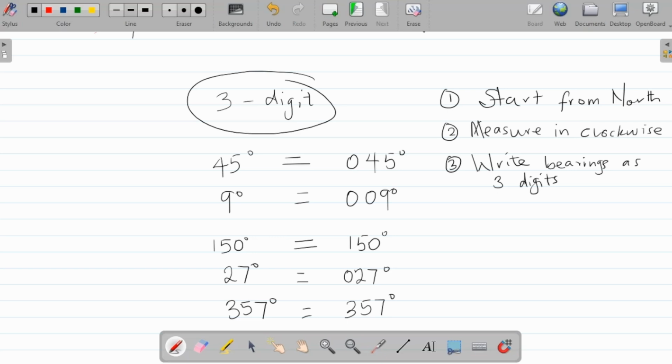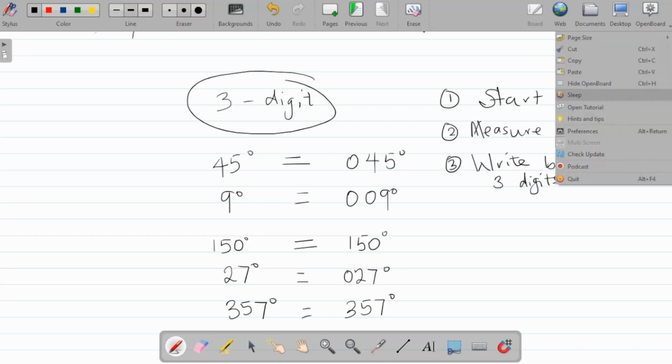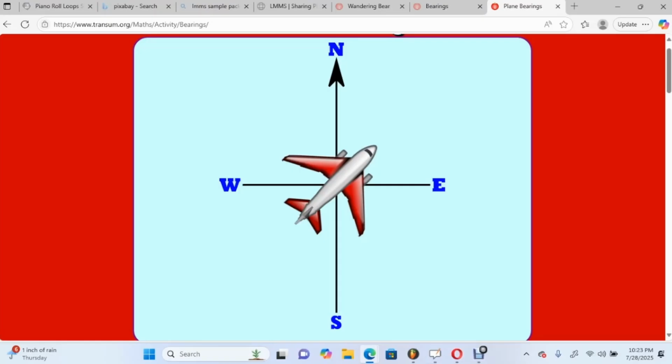So at this point we do some short exercises. Looking at this airplane, when I point somewhere between north and east, we say northeast.